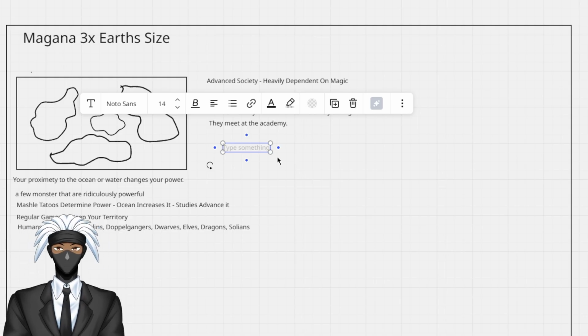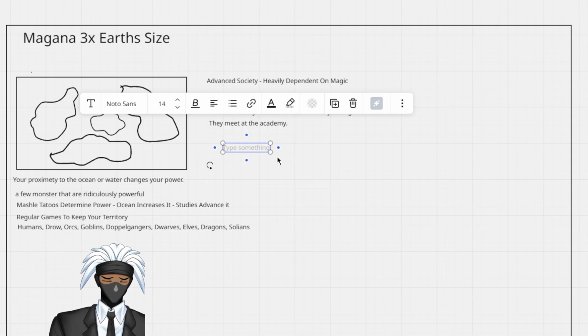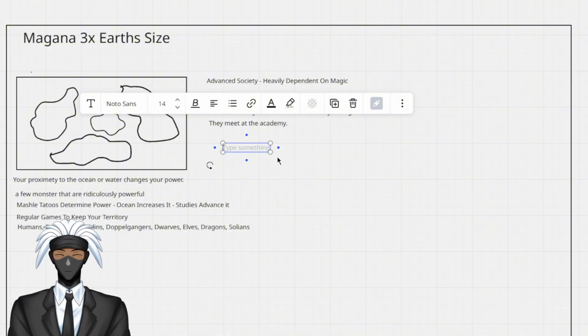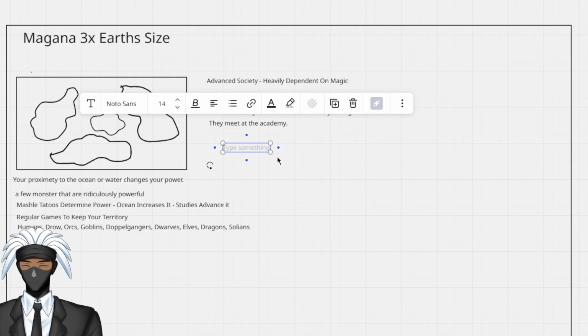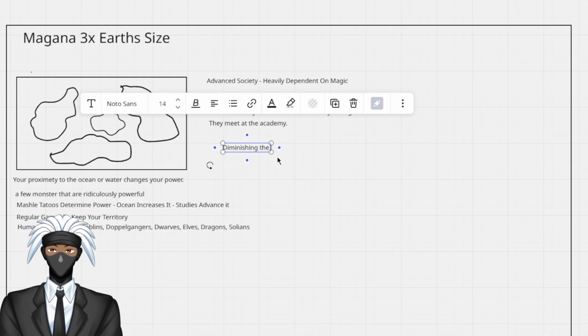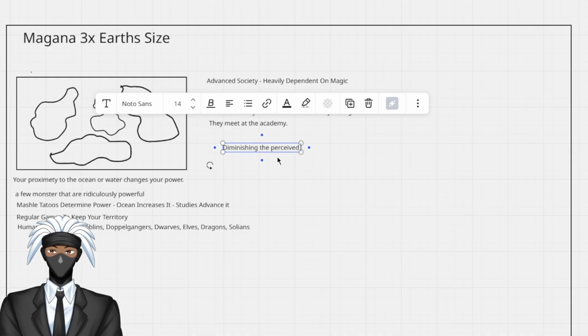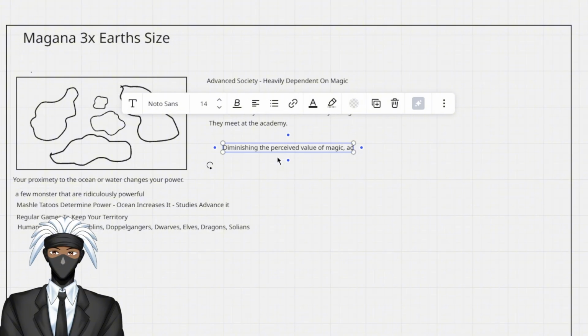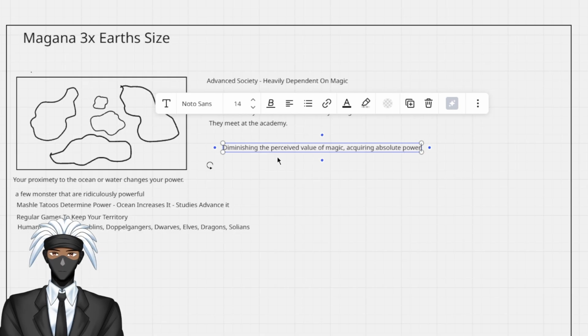In terms of his motivations, right? If we were to give a singular motivation to MC1, let's say that it's going to be diminishing the perceived value and acquiring absolute power.